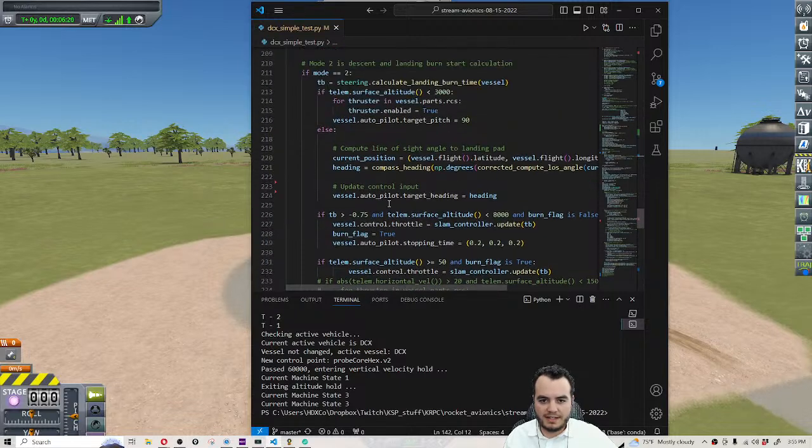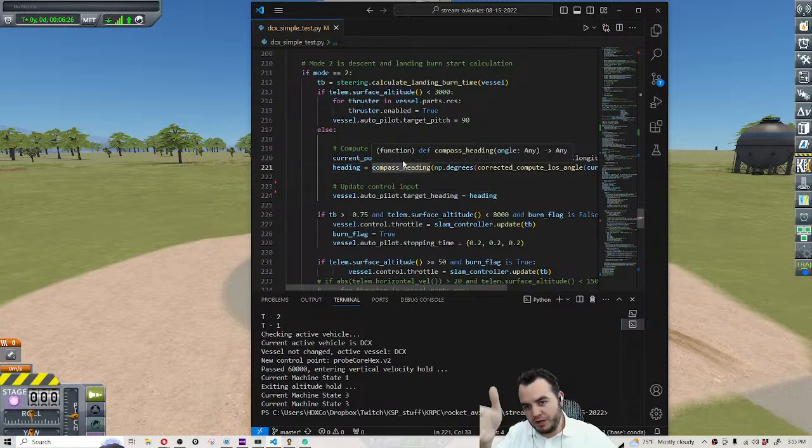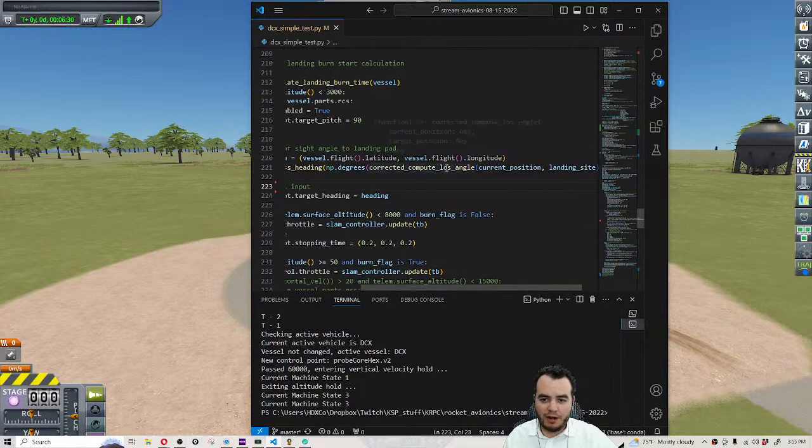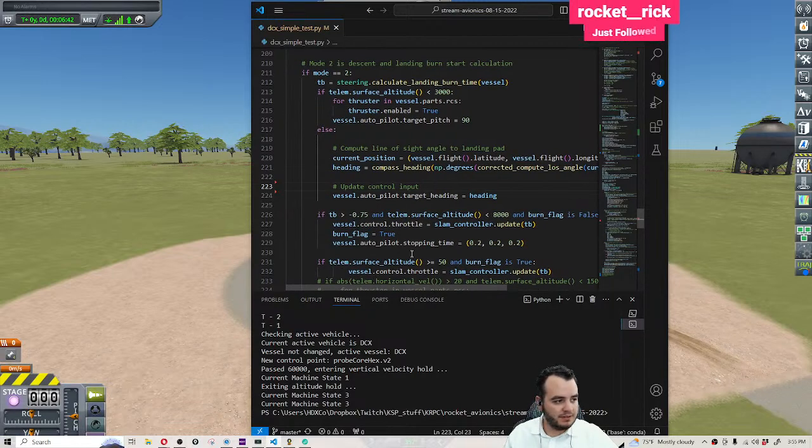Because right now, as you can see, we only have our heading being updated, and our heading is basically just a compass heading to always direct us towards the pad. And we're computing our line of sight angle, and essentially that is just the angle between our pointing vector and where the pad is. And we calculate our compass heading based off of that difference.